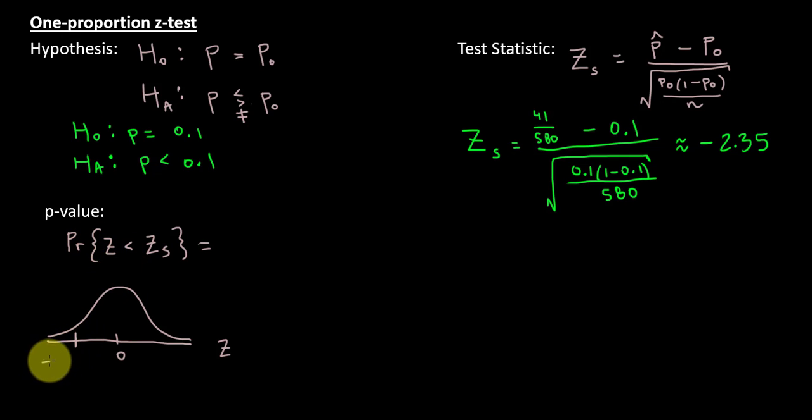Our z test statistic is negative 2.35. We are finding the probability that our sample statistic would have been as extreme as it was, or more extreme, assuming the null hypothesis was true. Because this is a left-tailed test, we are finding the probability to the left of our test statistic.